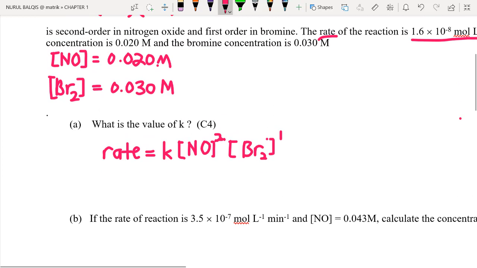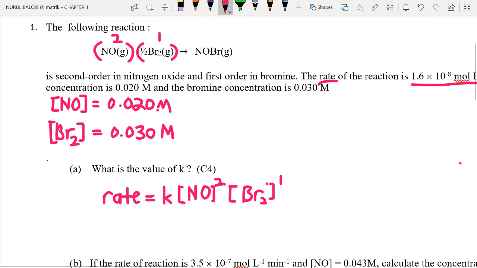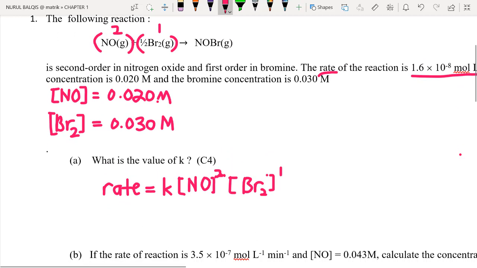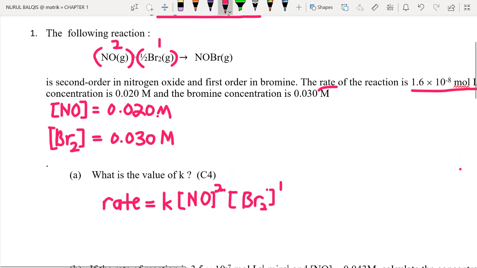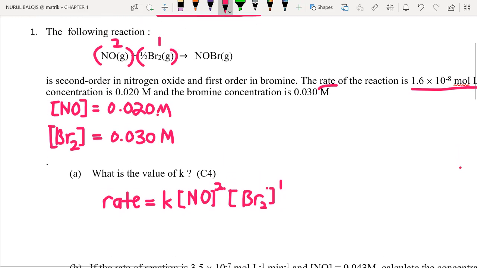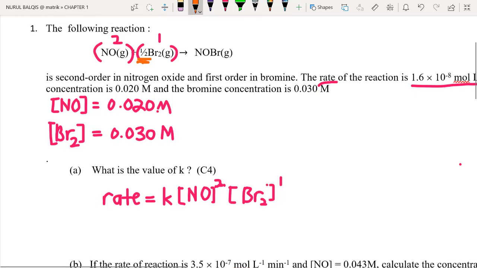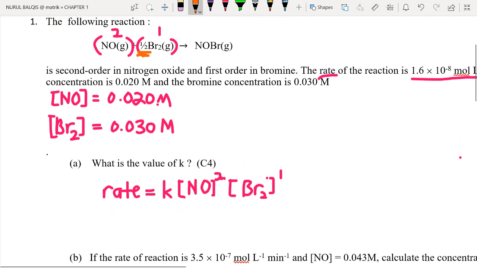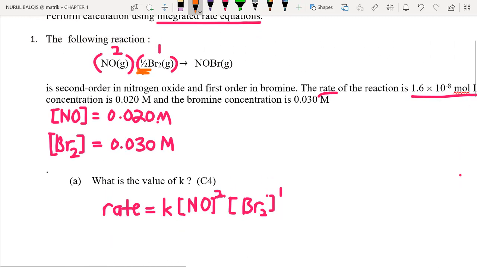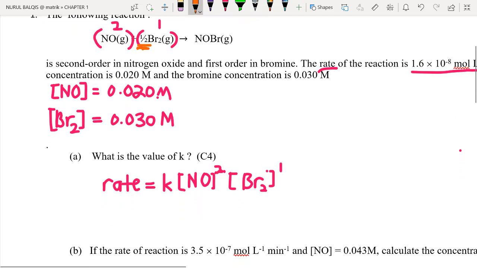Some of you might ask, should we put the 1/2 coefficient in the concentrations here? Nope, this 1/2 right here is only for balancing the equation. In our rate law, we don't take any coefficients together. We take only the species, the Br2.